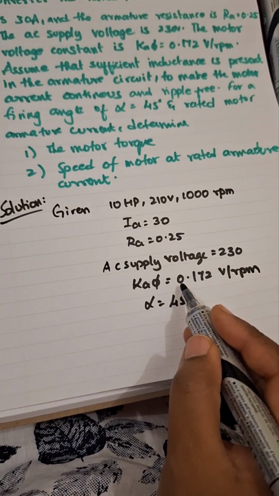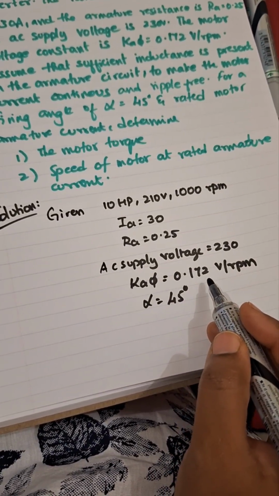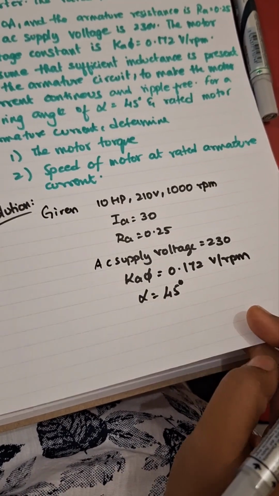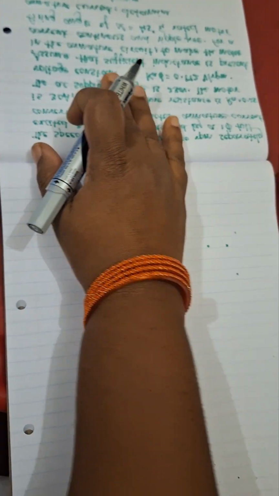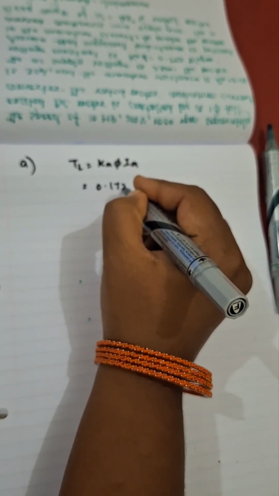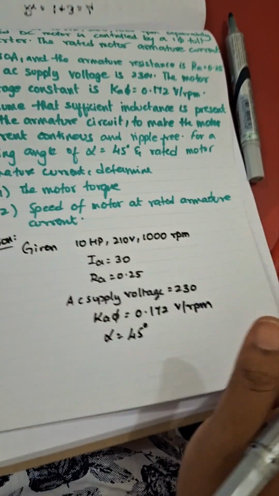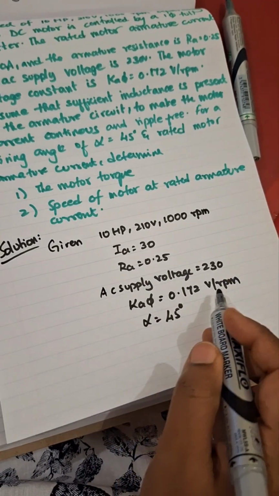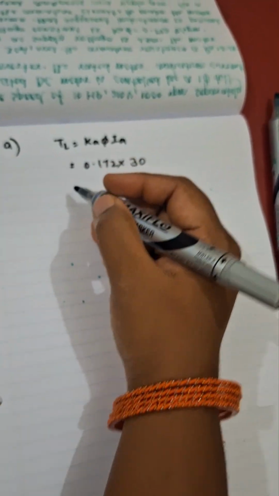Kaφ is given as 0.172 volt per rpm, so this is already given, and our armature current Ia is given as 30. But Kaφ is given in volt per rpm, and we should convert it into volt per second.